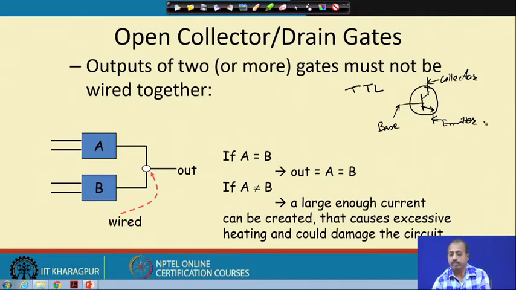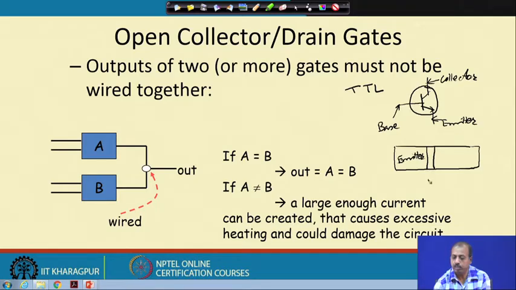Architecture wise, it is like this. We have a silicon wafer, and some part of it is the emitter. Then we have a thin base, and then the collector.